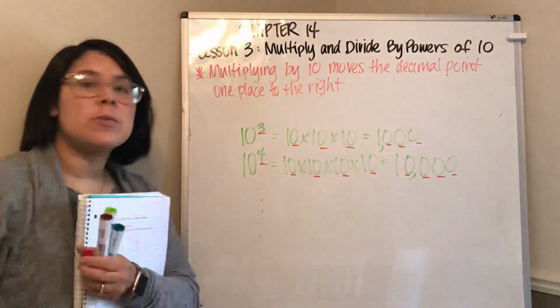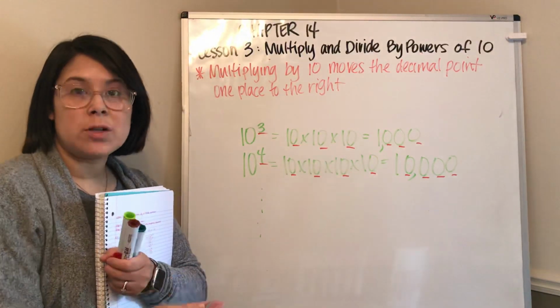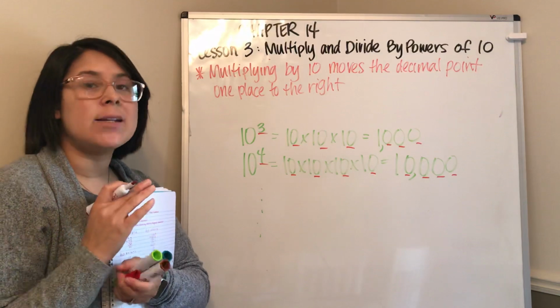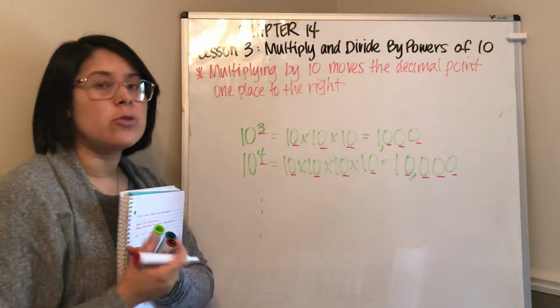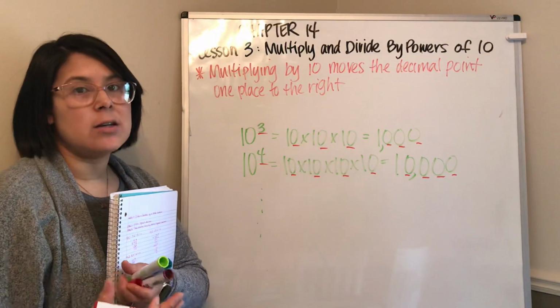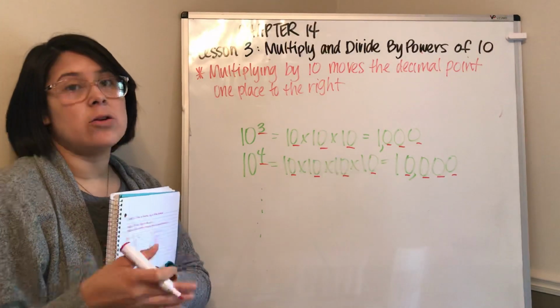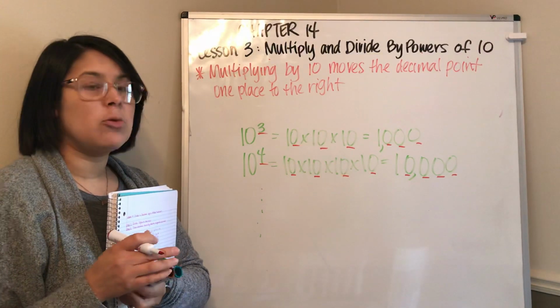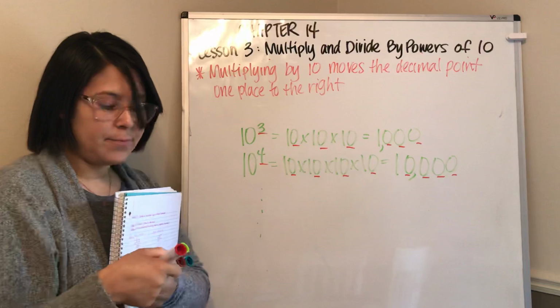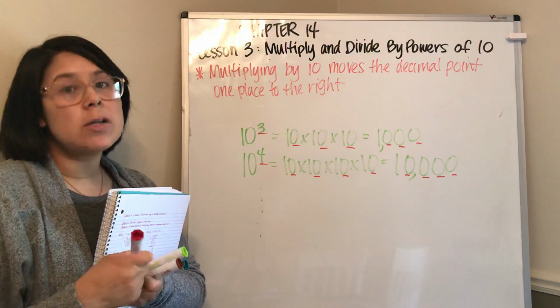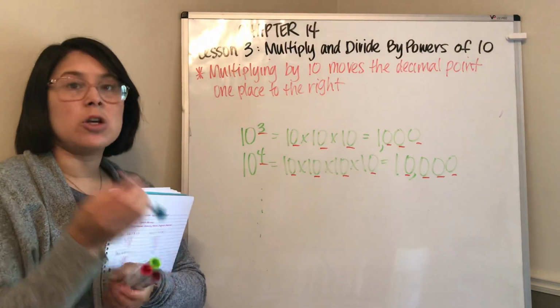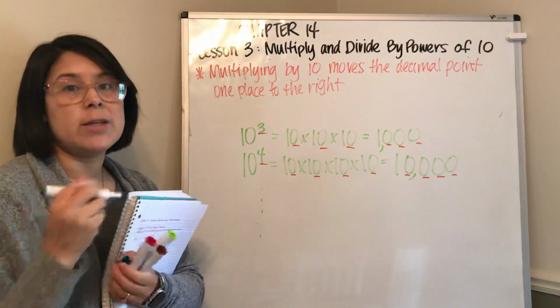If you multiply by 100, there are 2 zeros there, so it's going to move the decimal place 2 times to the right. Multiplying by 1,000, there are three zeros, so you're going to move the decimal place 3 times to the right. So depending on the number of zeros, that's the number of times you're going to be moving your decimal place to the right.